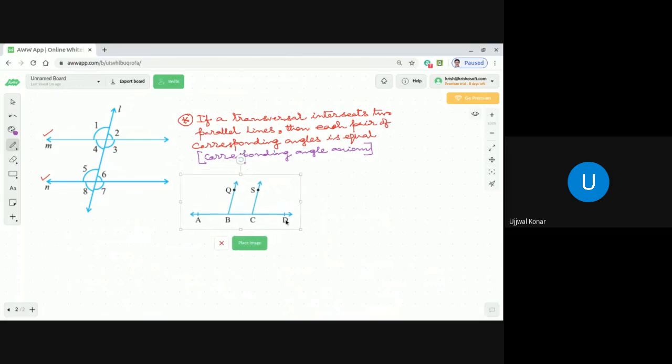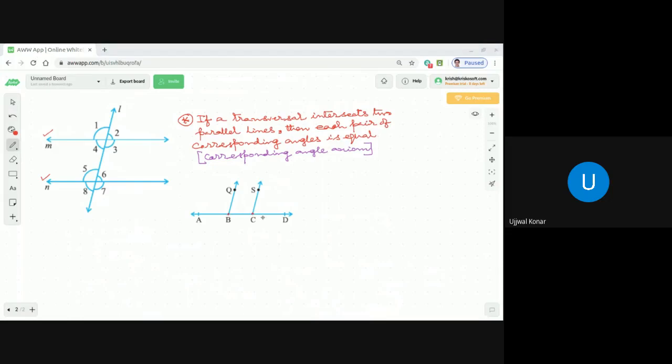What you see in this diagram, dear students, is a line AD, and there are two points B and C marked on it.